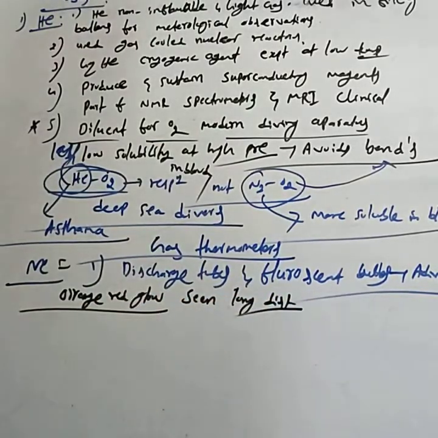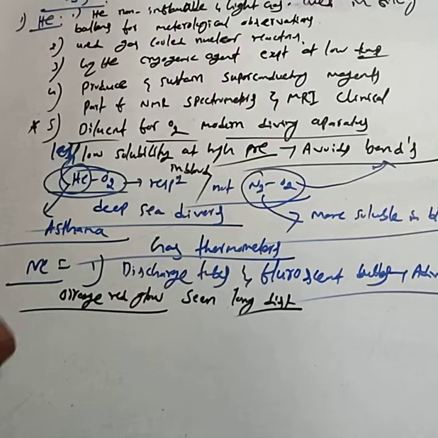This is the application of neon in fluorescent bulbs for advertisement. Neon is used in discharge tubes and fluorescent bulbs for advertisement because it produces an orange red glow that can be seen from a long distance.